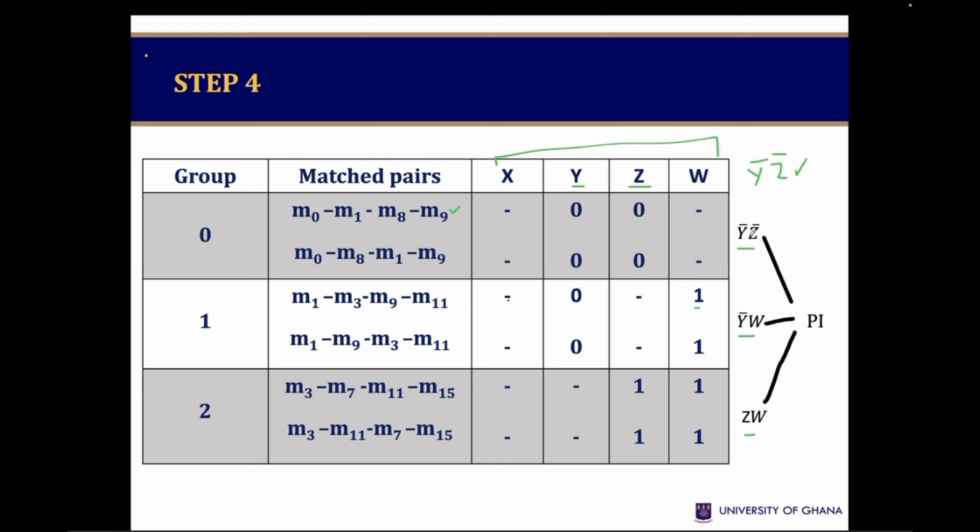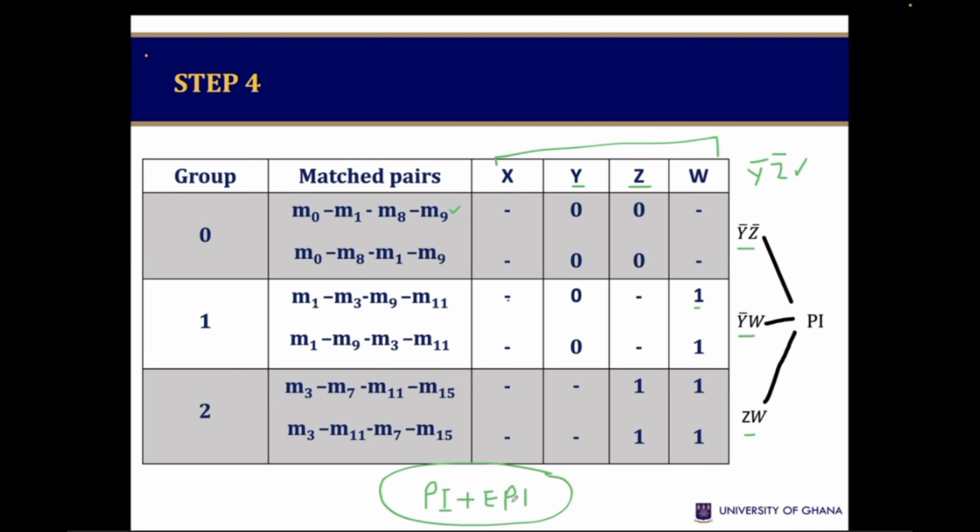At the end of the day, when you are forming your final minimized expression, it is usually made up of prime implicants and essential prime implicants.